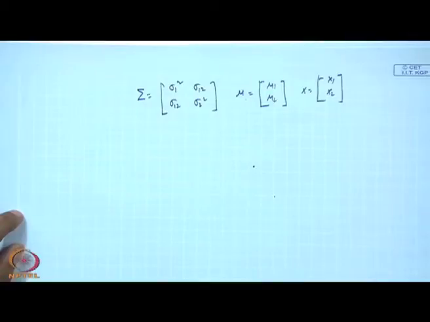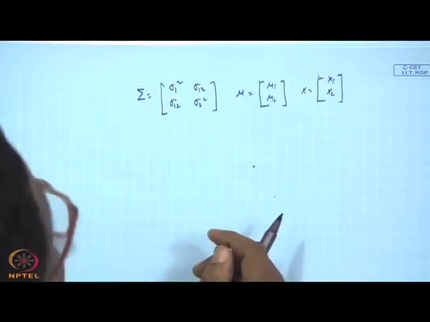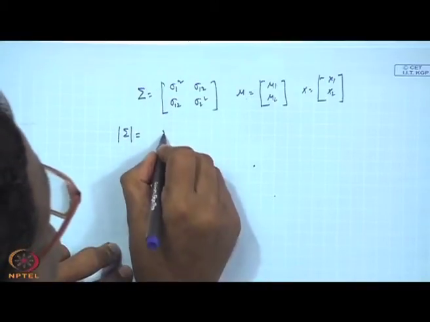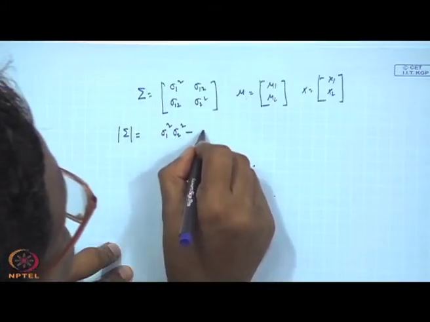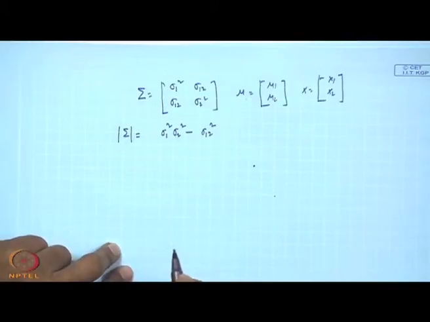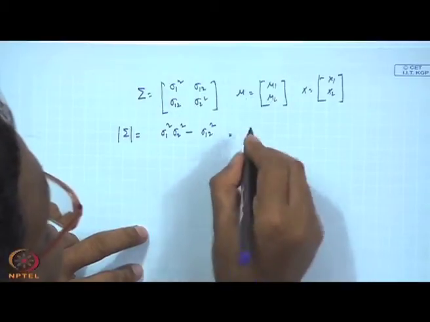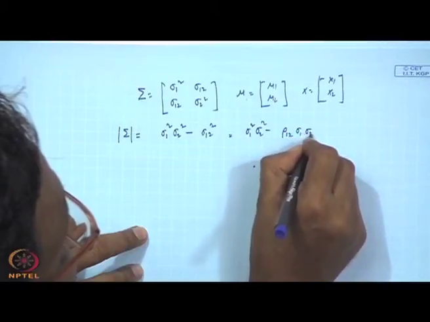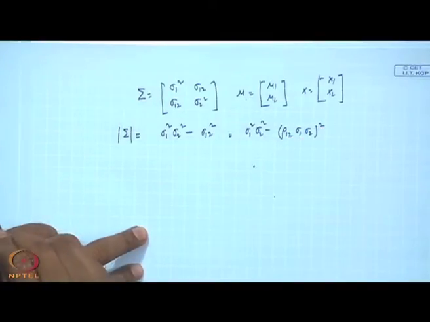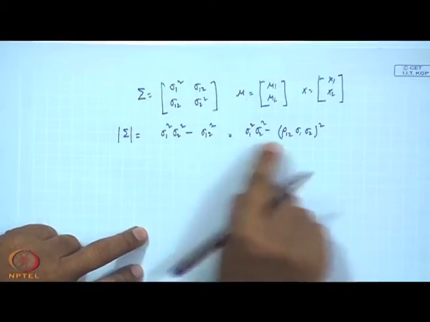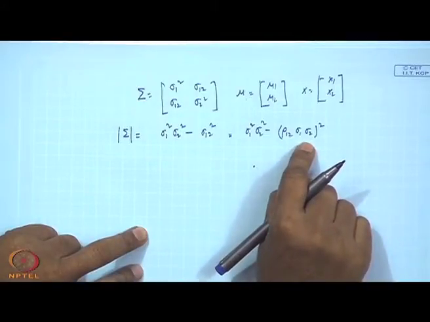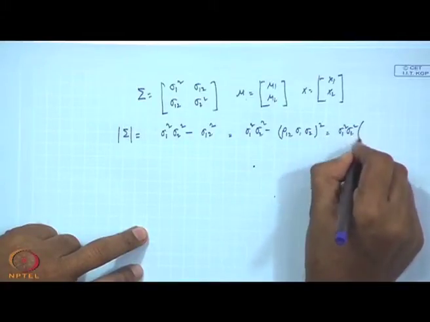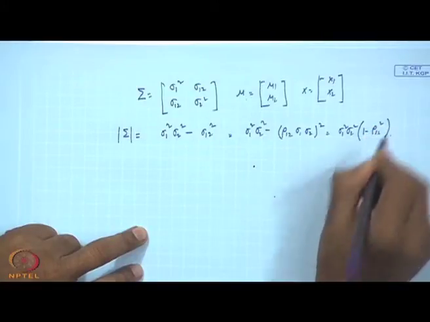Can you not find out the determinant of this? It is sigma 1 square sigma 2 square minus sigma 12 square. This can be written like this: sigma 1 square sigma 2 square minus rho 12 sigma 1 sigma 2 whole square. Covariance is correlation times the standard deviations. So we can write this as sigma 1 square sigma 2 square times 1 minus rho 12 square.